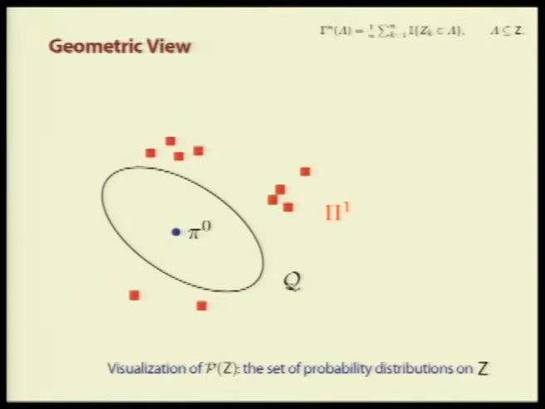You say, I draw a ball. If what I observed, the empirical distribution, is inside the ball, then I claim it's normal. If it's outside the ball, then it's abnormal. That's one of the simple ideas you can come up with. And just to remind you, in this picture we are looking at the probability simplex.